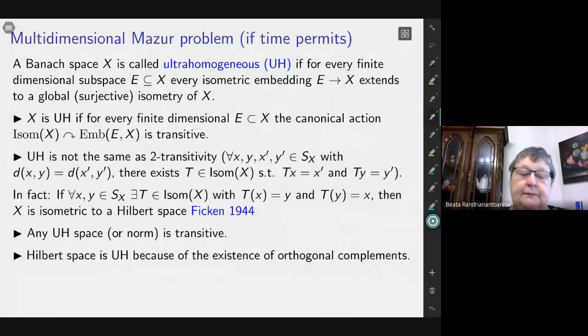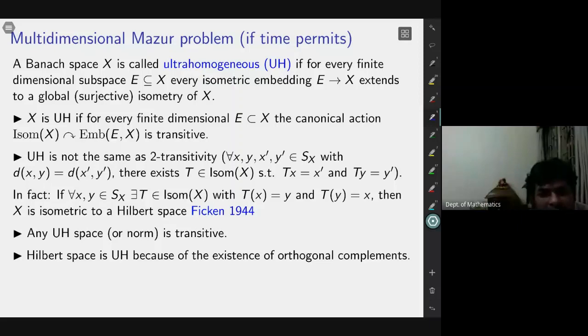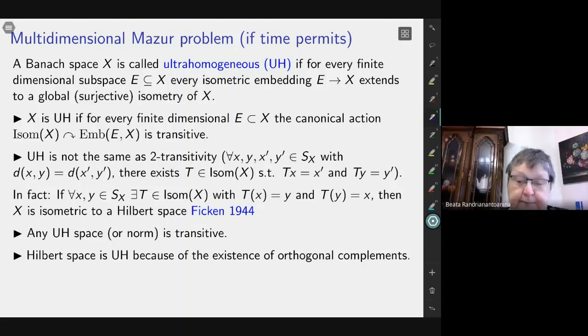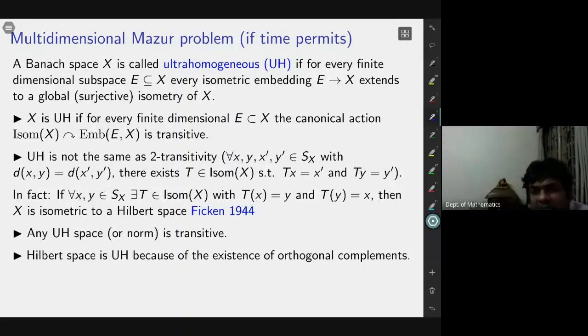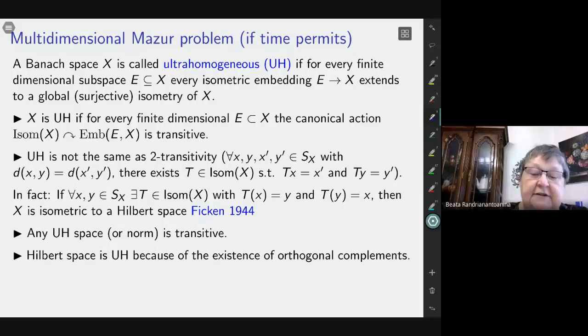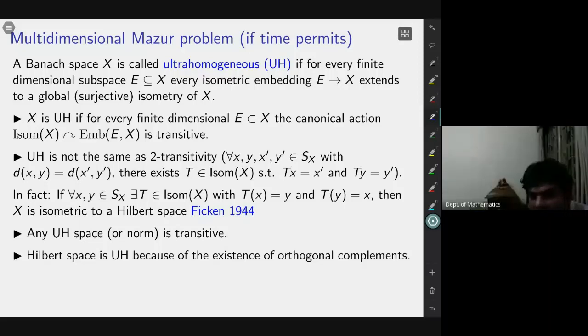Suppose that this finite dimensional subspace E has two distinct embeddings in X. Does that mean that the images of these two under these different embeddings, there is an isometry in X which will take one image to the other one?